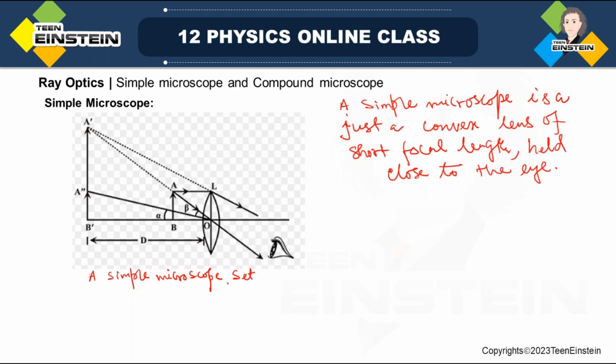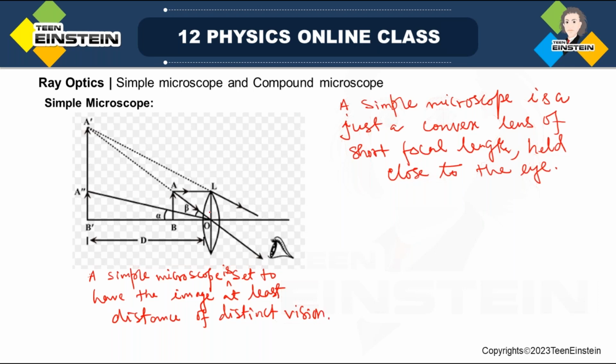A simple microscope is said to have the image at the least distance of distinct vision.